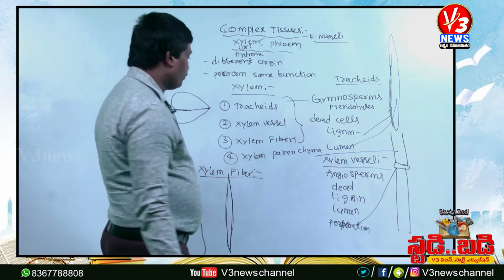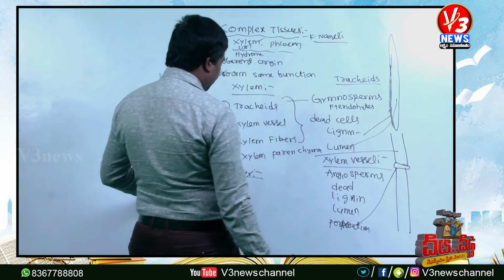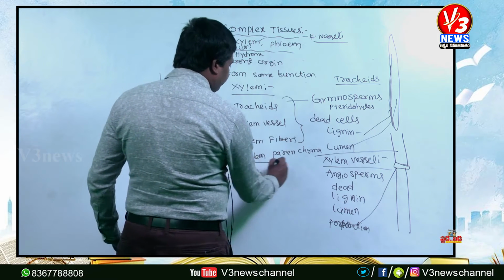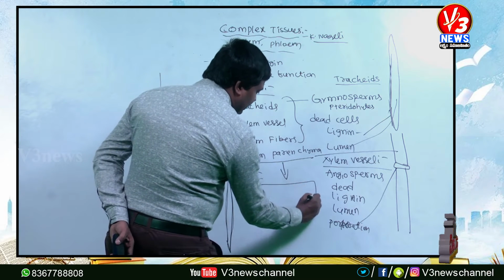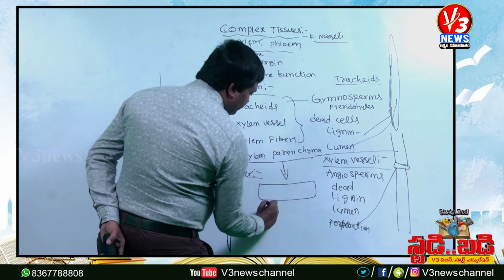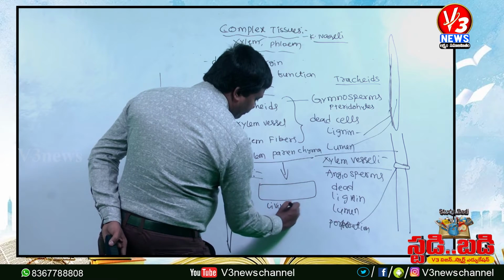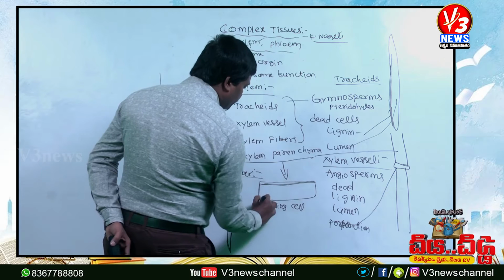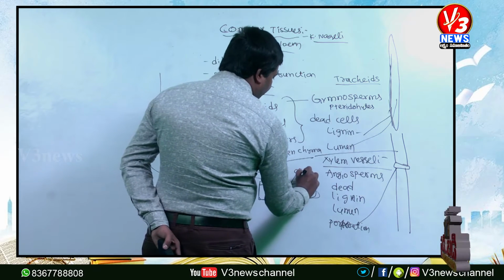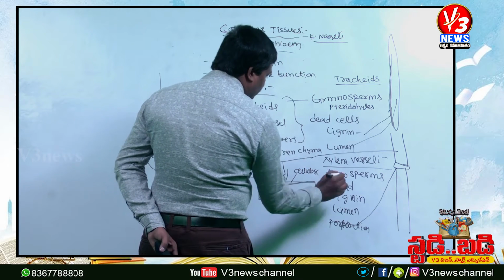The next one, last one, xylem parenchyma. Xylem parenchyma is a living cell made up of cellulose.